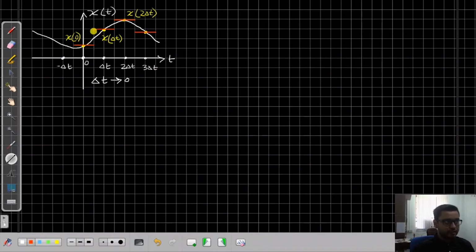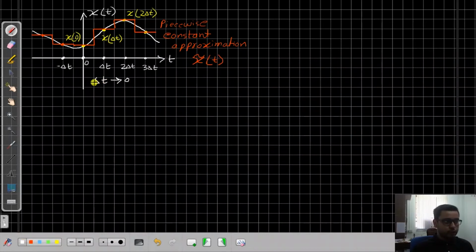So this way we can join these parts, and this is how the piecewise constant approximation of the original signal looks. Piecewise constant approximation. Call it x tilde(t).